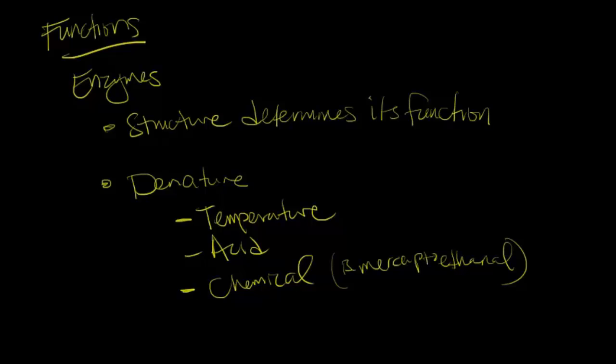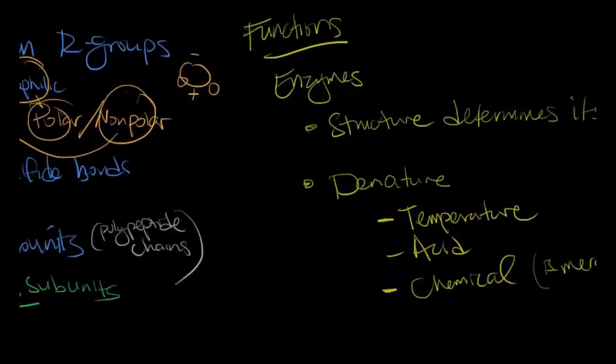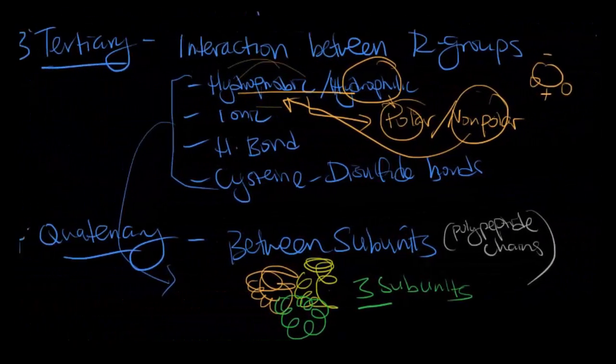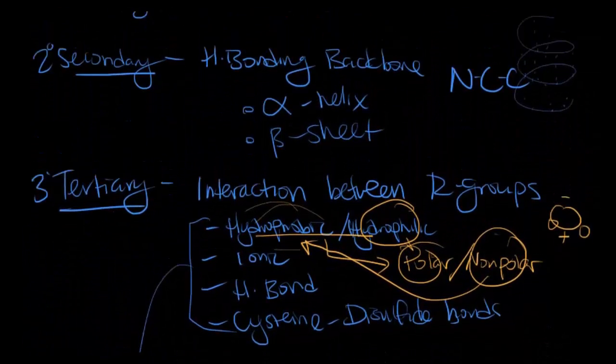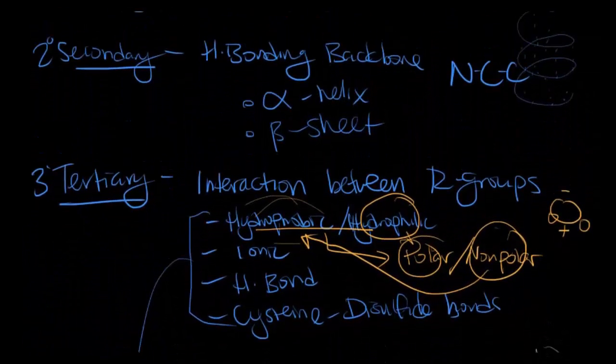Okay, now I forgot to mention proline, one of the special amino acids. If I go back to the alpha helix, remember proline is an alpha helix disruptor. Proline looks like this.